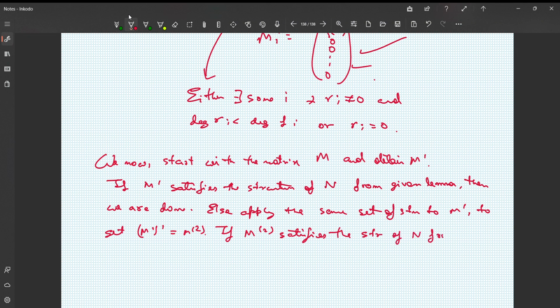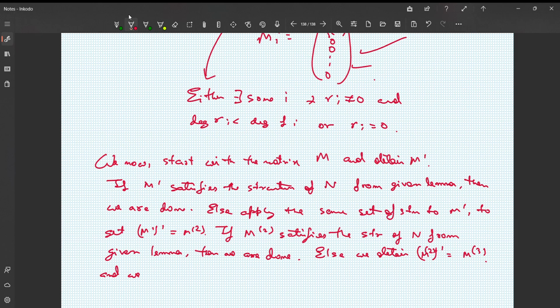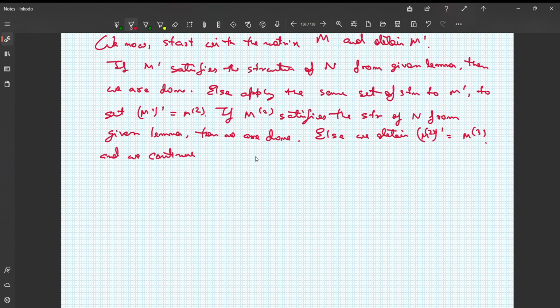Else, we obtain M2 dash, which we write as M3, and we continue the process.